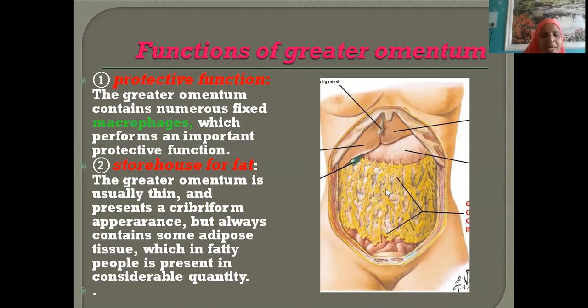It's highly motile in the living body. The greater omentum contains numerous fixed macrophages which perform an important protective function. As you can see, there is a lot of yellowish fat. That means it is a storehouse of fat, and it is like a sieve, with a cribriform appearance. It always has adipose tissue, more so in obese people than in lean people.